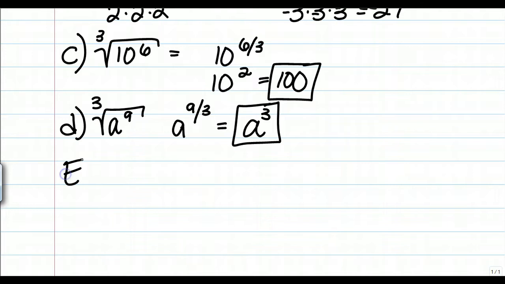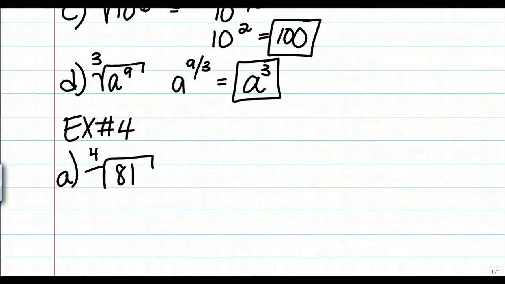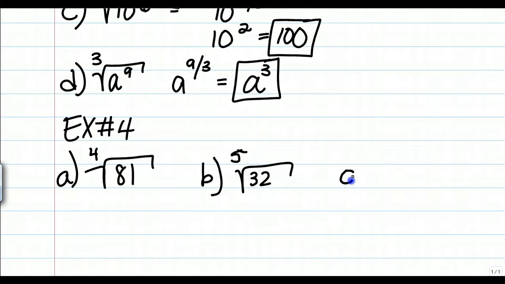Example number 4. The 4th root of 81. I'm going to write them all out. B is going to be the 5th root of 32.